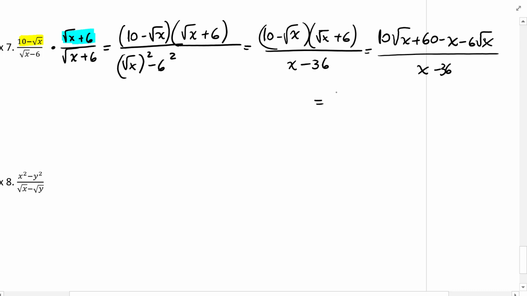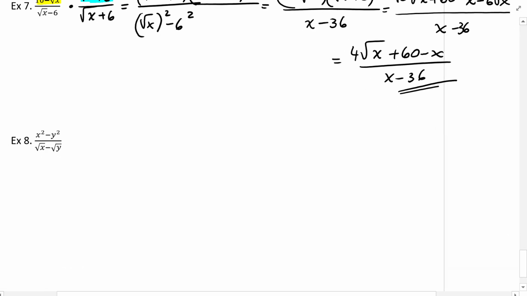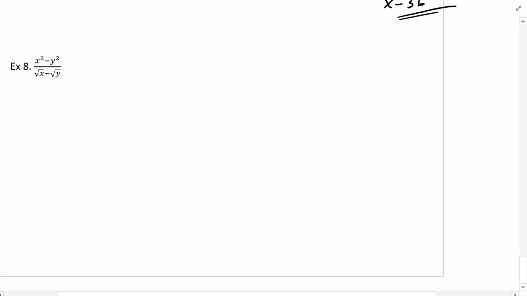And I do have like terms: 4 square root of x plus 60 minus x over x minus 36. Pretty much that's it. There are no more common factors. All right, and let's do a fun one.